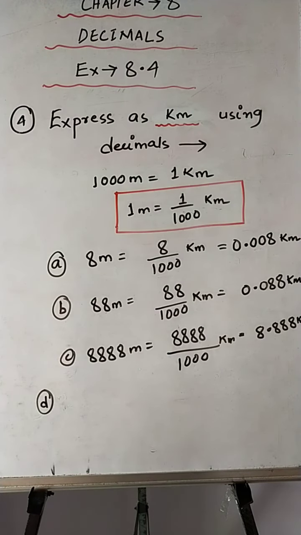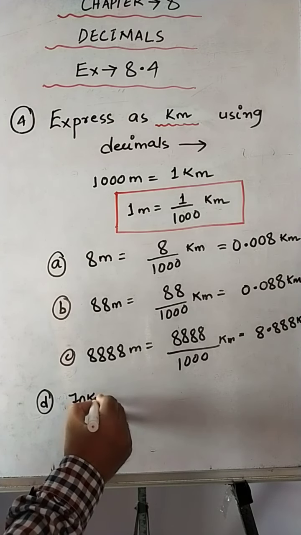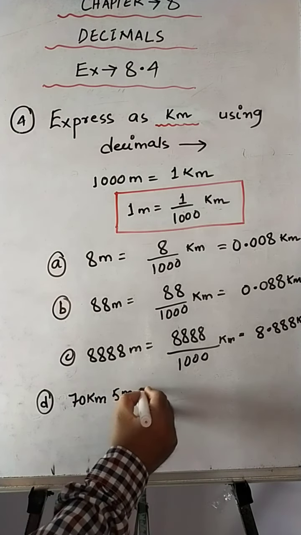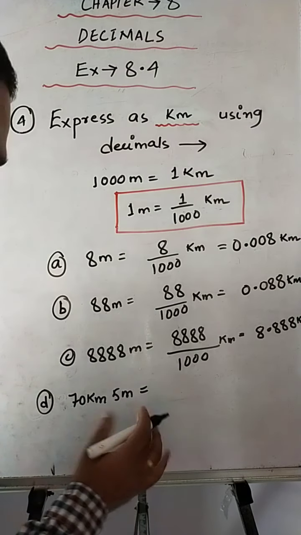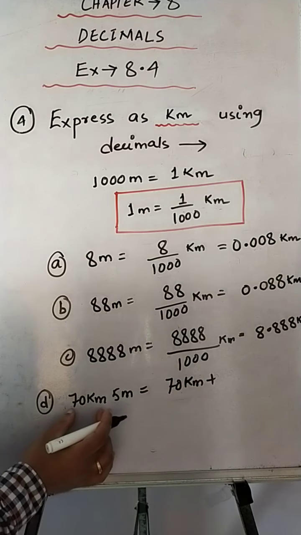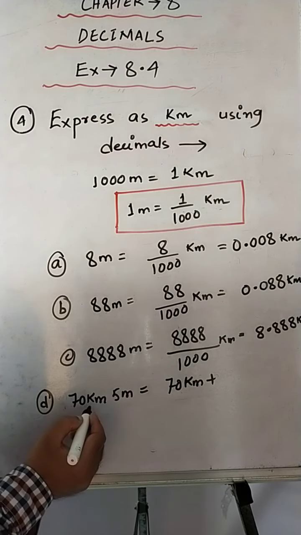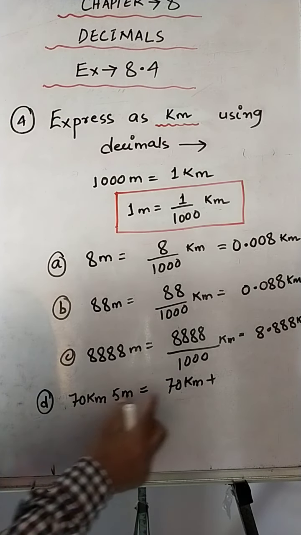Now let's do the last sum, that is sum number D. We have 70 kilometer 5 meter. So first expand this. 70 kilometer is already in the kilometer form, so we'll not do anything with this value, so we'll keep it intact.